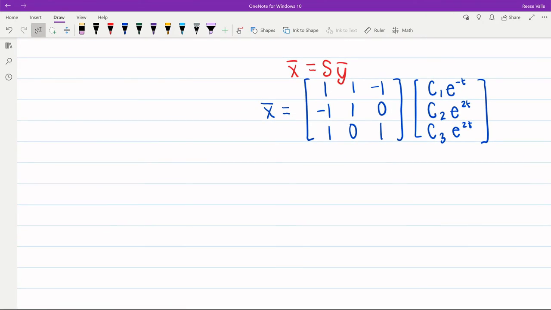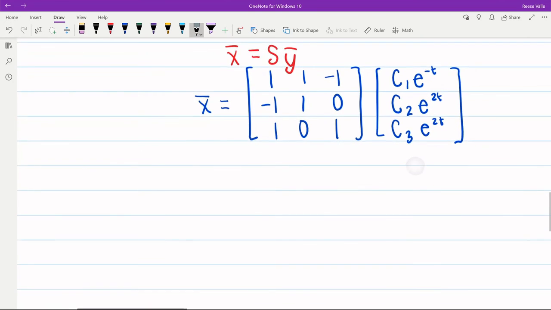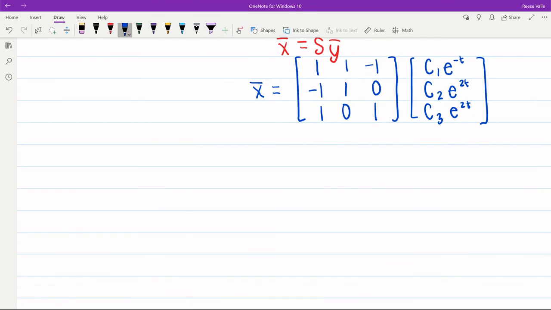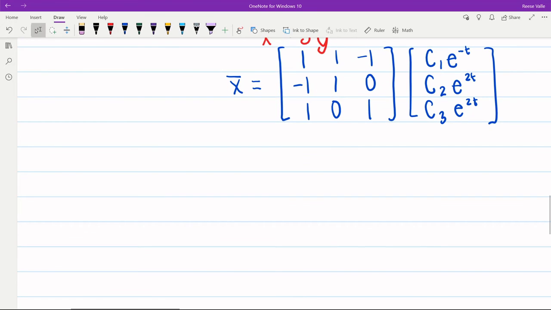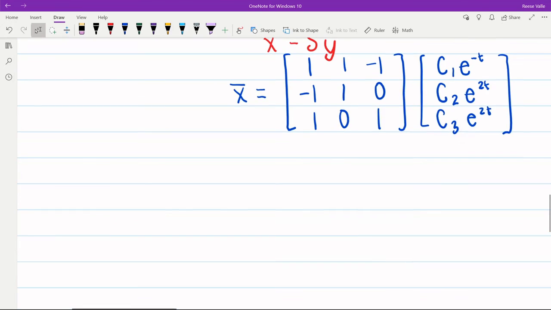Okay, so we already have this in matrix form, technically, and she wanted it in all three forms. The second form is vector form.